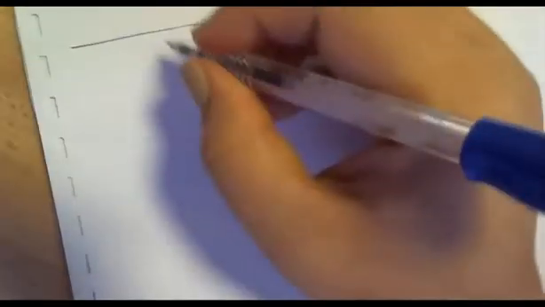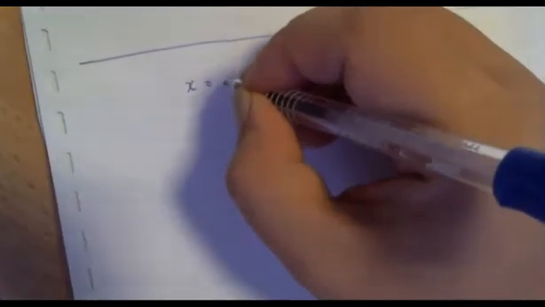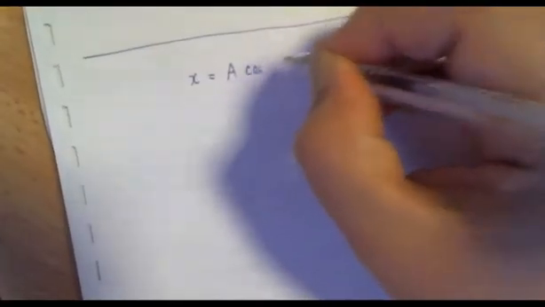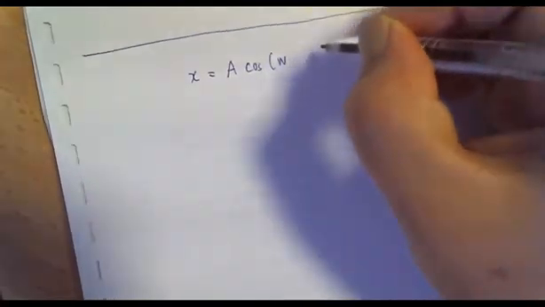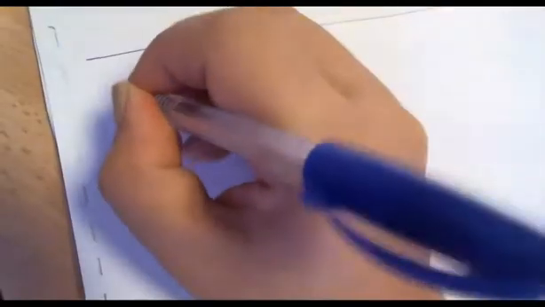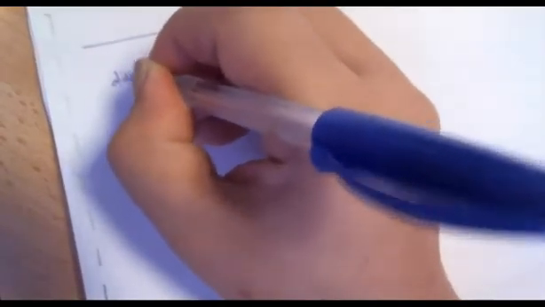The general formula of SHM is the distance equal to the amplitude, which is the maximum point of the wave, times cos of omega, which is our angular frequency, times time.